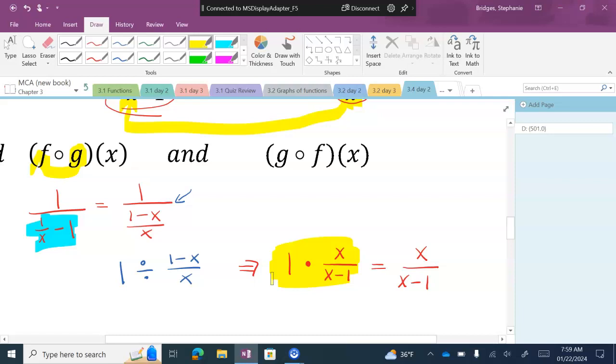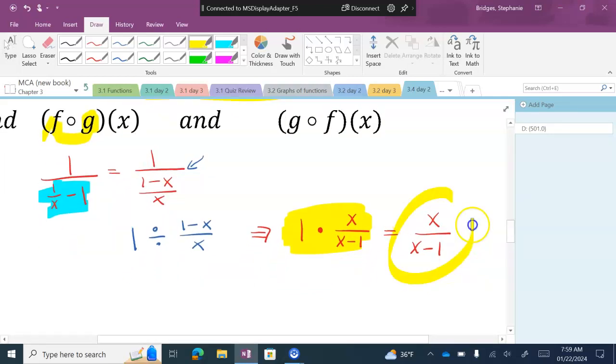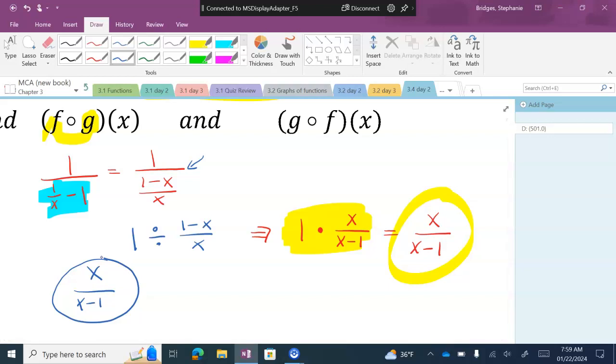So my most simplified answer of this composite function is just going to be this part right here: x over x minus 1. So that's the first part of the answer. Kind of okay? A little bit harder, but not impossible.